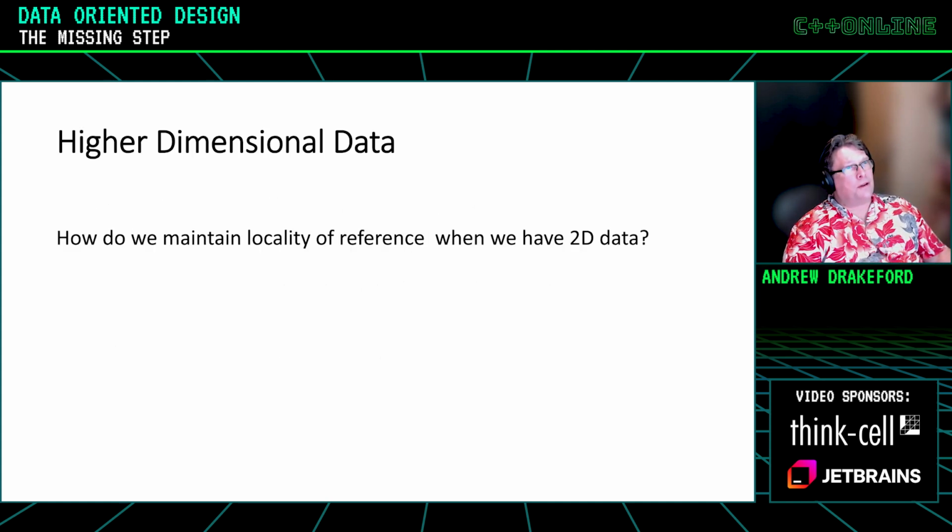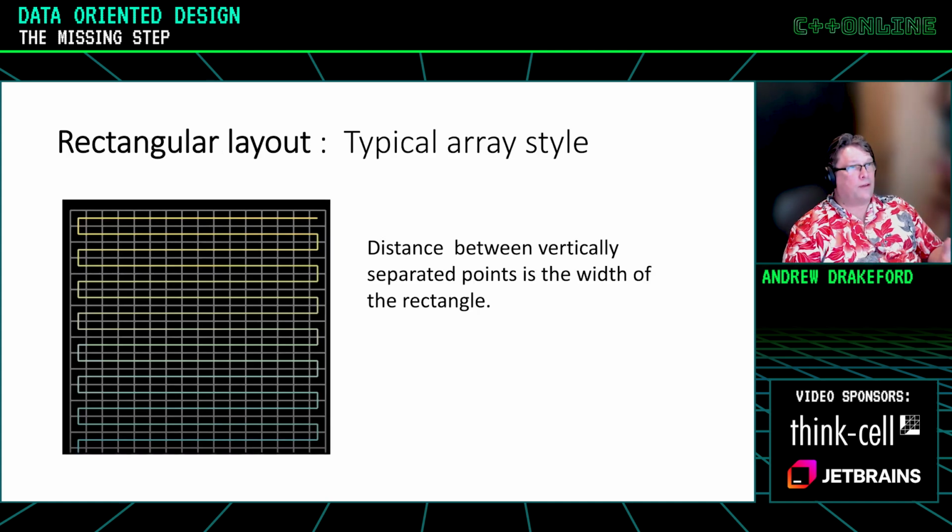Memory is mapped onto a one-dimensional structure. So how do we maintain locality of reference when we have 2D data? Consider, for example, this rectangular layout, a typical array style. If you're on one of the lines and you go to the left or the right, you've got locality of reference.